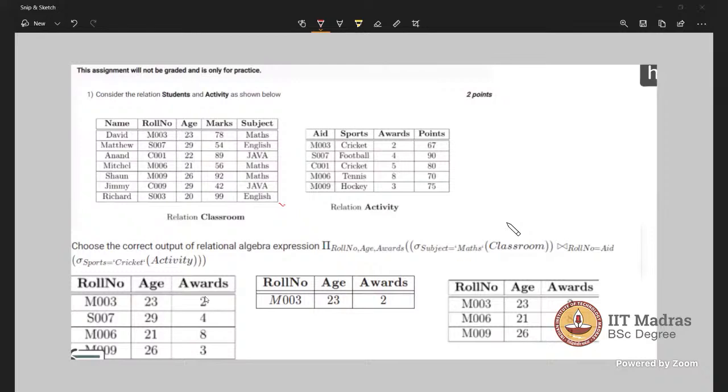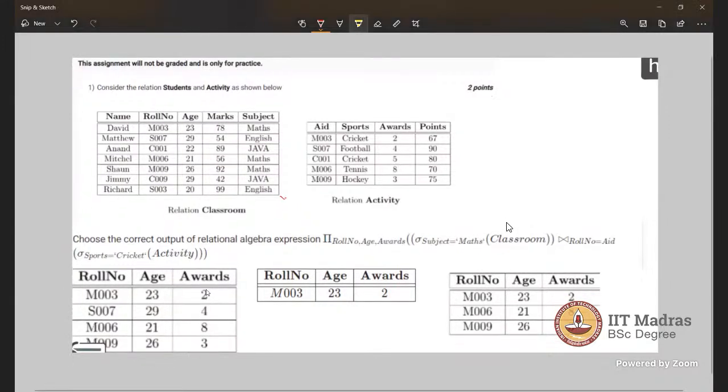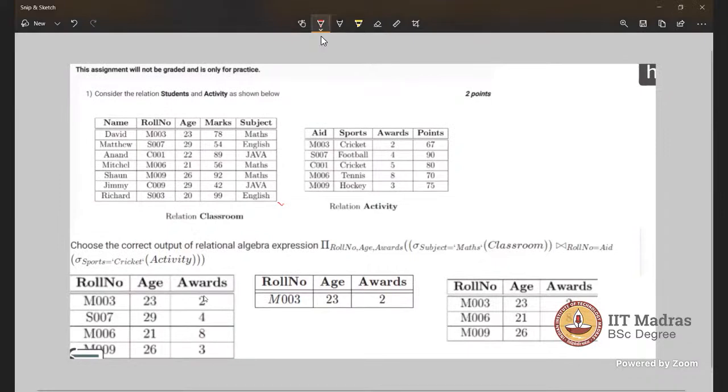Anyone would like to tell what the expression tree for this relational algebra is? Previously, we discussed how to draw the expression tree from the relational algebra expression.